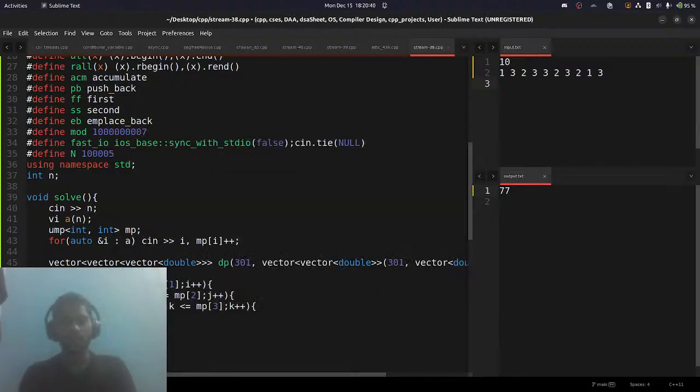If i is less than equal to 0, or j is less than equal to 0, or k is less than equal to 0, the dp will be 0.